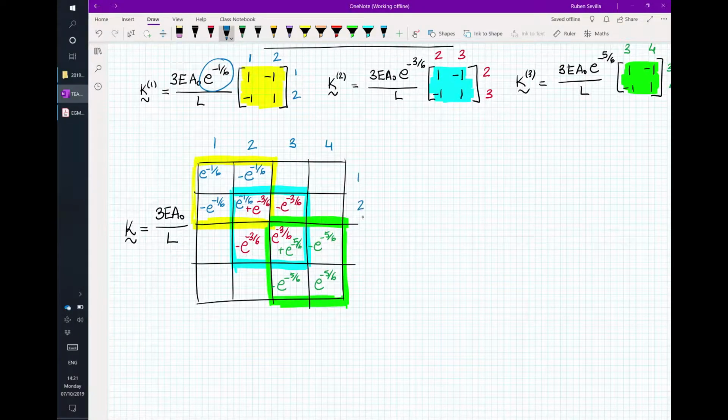So my system of equations then, keep this as it was. My system of equations is this matrix, and then what about the right-hand side? What about my F? What is F? Do we have any sort of external force?